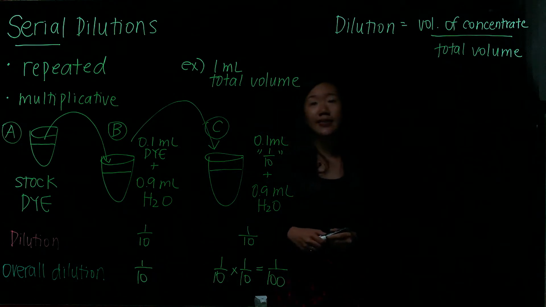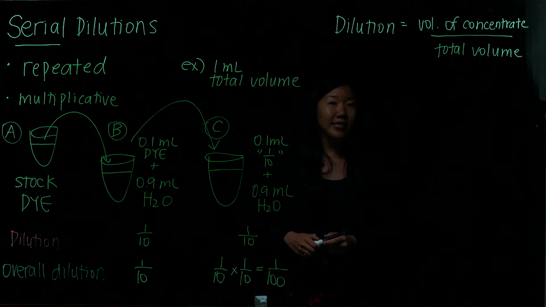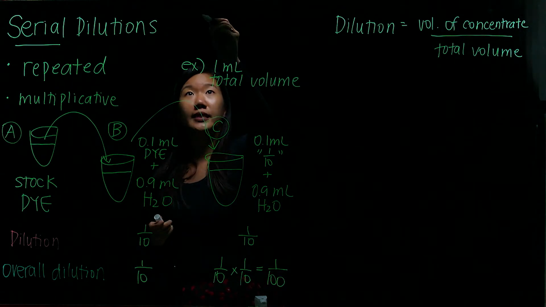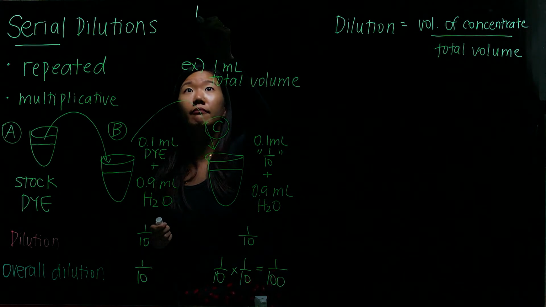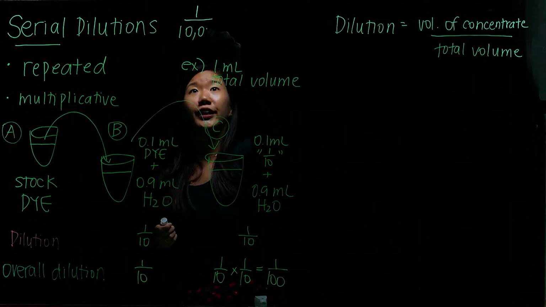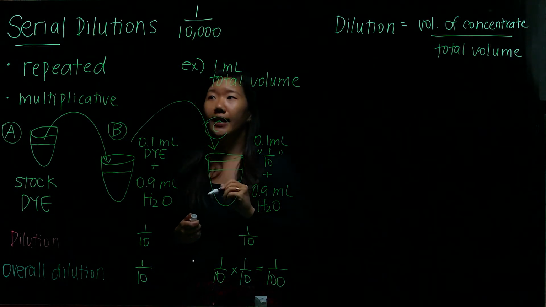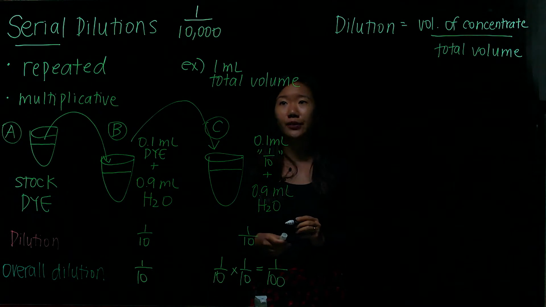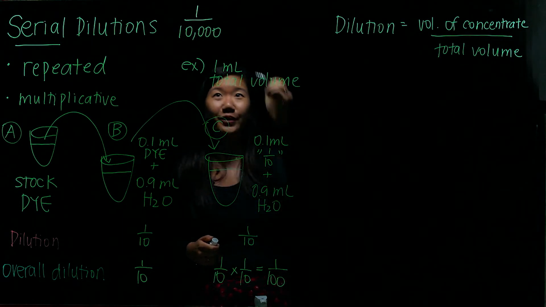But let's consider an example where you might need to make a much more dilute solution. Let's say you wanted to make a dilution that was 1 over 10,000. Just a reminder, for all of these examples, we're considering a total volume of 1 milliliter.